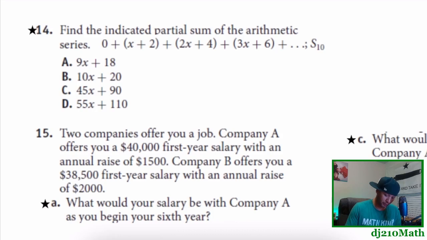So 0, so if this continues, the x's are going up by 1 and the constants are going up by 2. So that would mean, well, we want to add all these up.